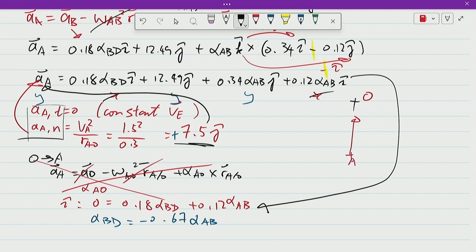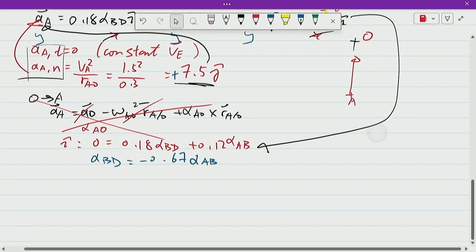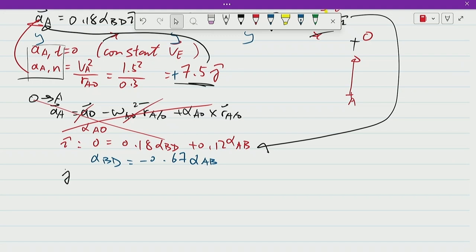Yeah, you can go through OA, which is what my note did when I was trying to solve it, and then I realized you don't need it. I guess that's why I stopped there. With alpha BD, you plug in the J direction.